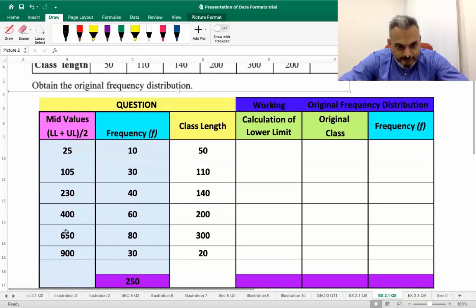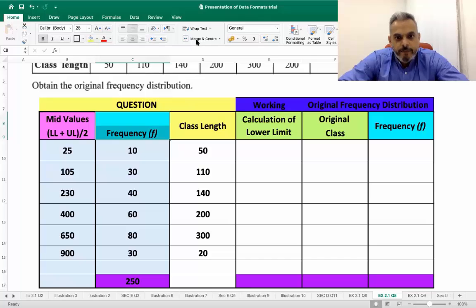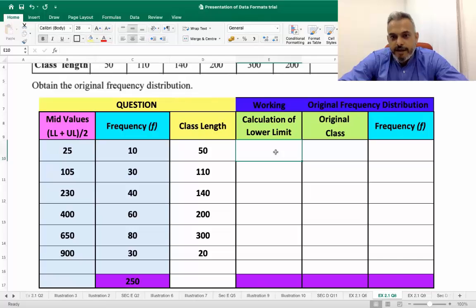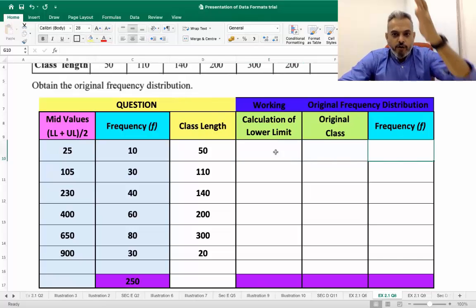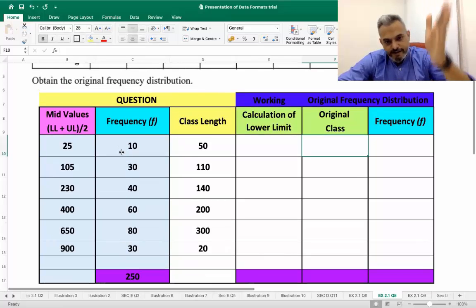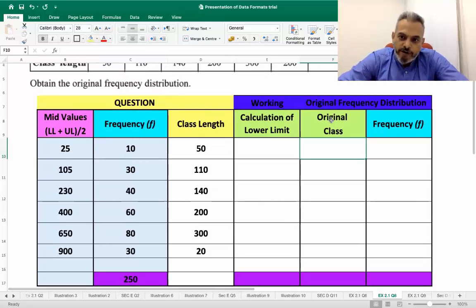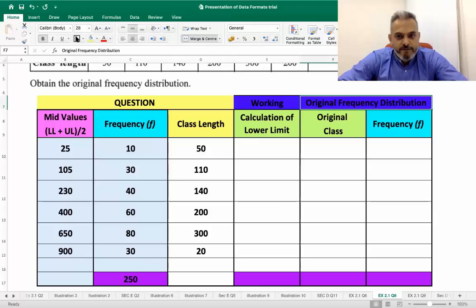So you write the question, write the frequency, write the class length, and these are the working. Okay, ये हम बाद में करेंगे. So accordingly you leave space and write on the left hand side of your notebook. Left part में question लिख लो, right side पे we will do the working and the original frequency distribution.